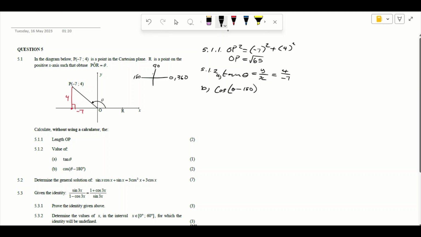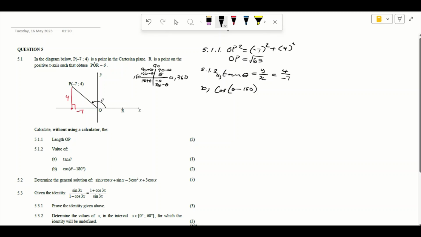In naming the quadrants, this is going to be theta or 90 minus theta, this is 90 plus theta, this is 180 minus theta, this is 180 plus theta, and this is negative theta, or 360 minus theta.